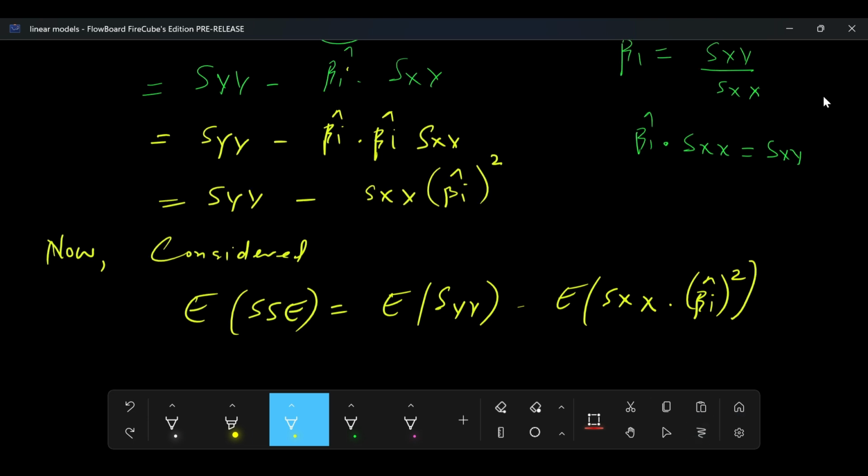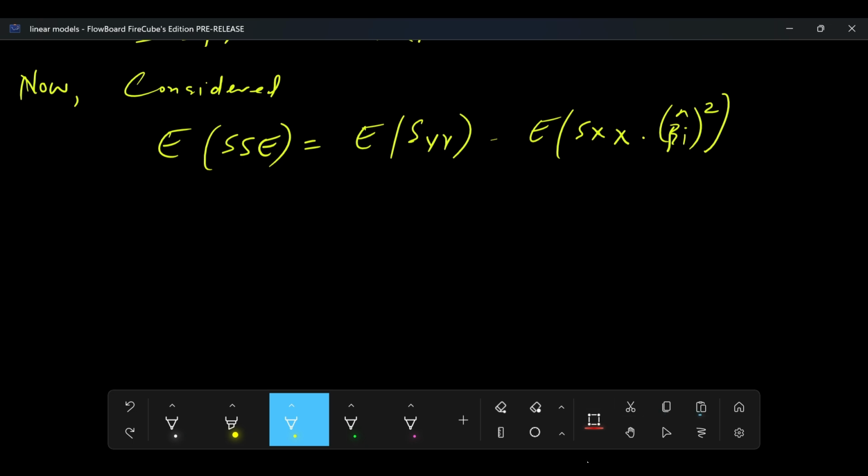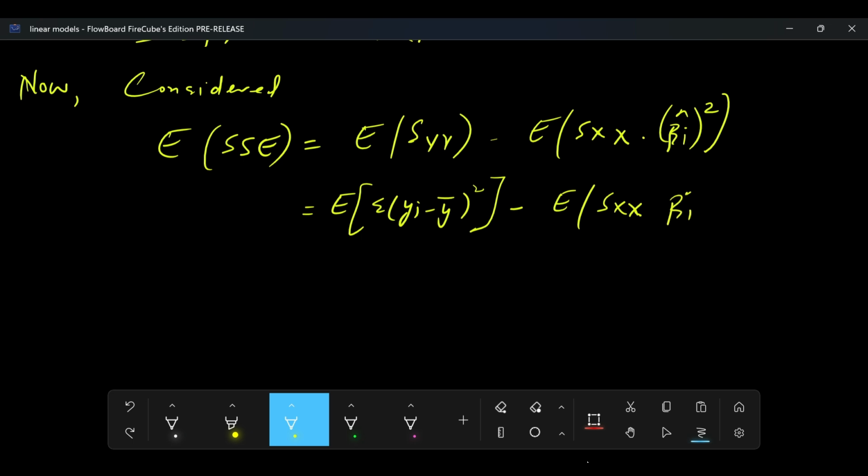So what is SYY? That is expectation of summation yi minus y bar square, minus expectation of SXX, leave this as it is, and expectation of beta 1 hat square. Put it as equation number A.